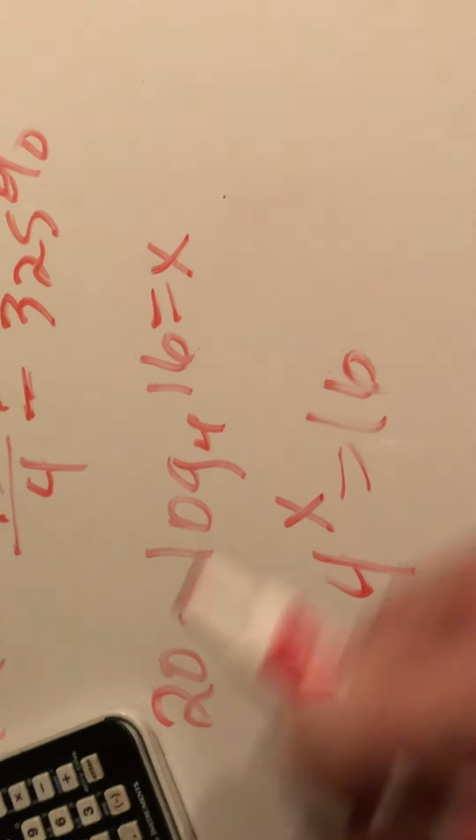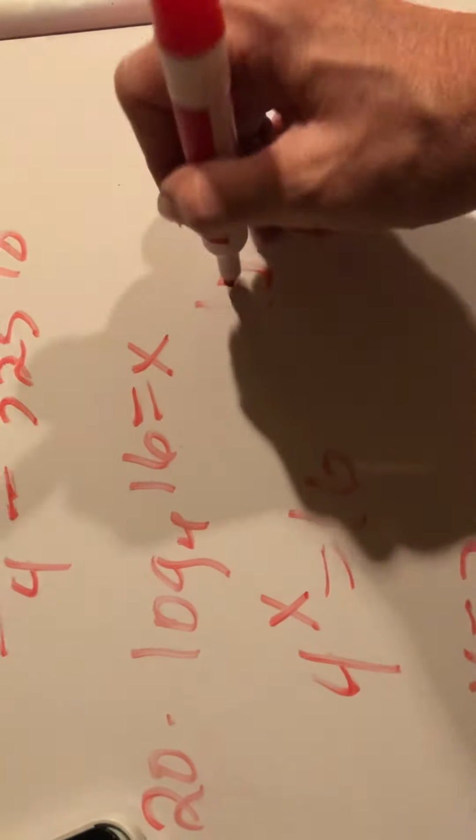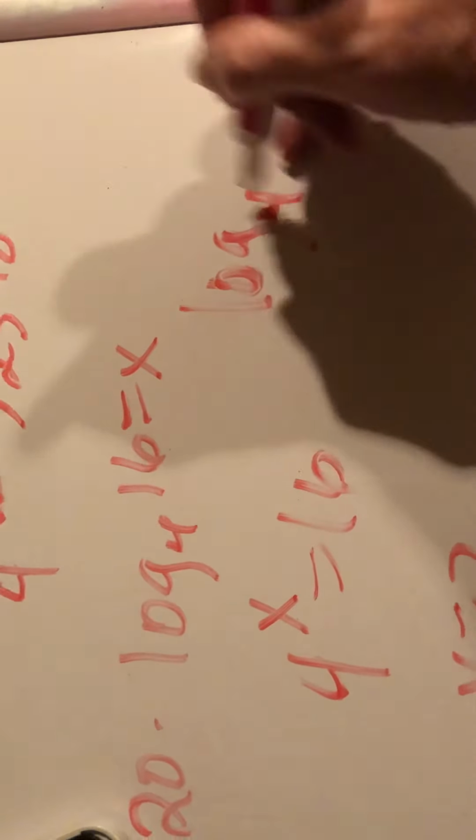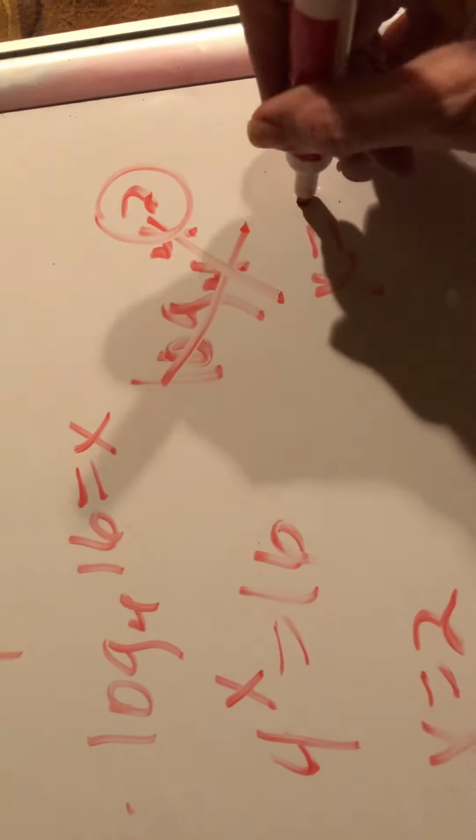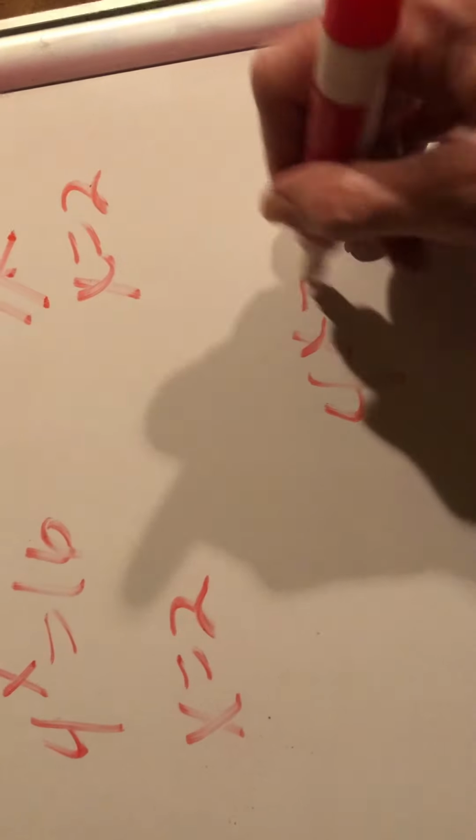Or you could rewrite it with the same base: log base 4 of 4 squared, because 16 is 4 squared. Then log base 4 and 4 cancel, and you're left with x equals 2. You could have rewritten 4 to the x equals 4 squared, and so x is 2. Lots of different ways to do that one.